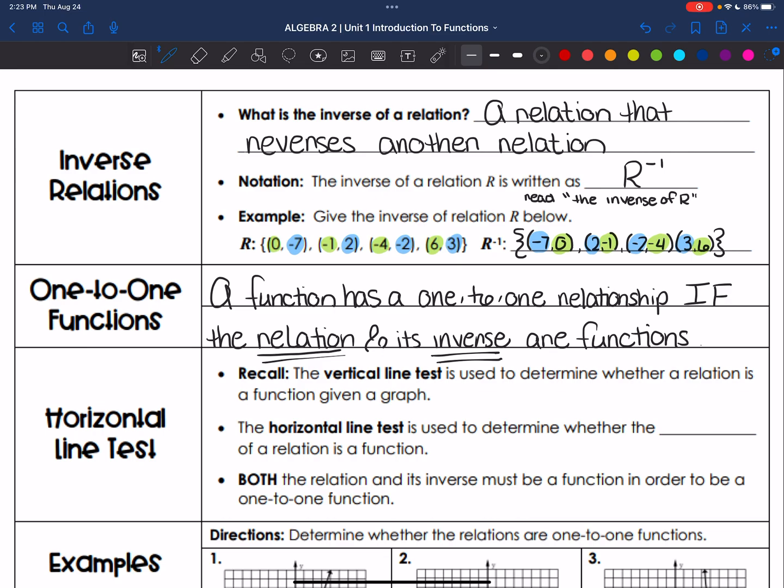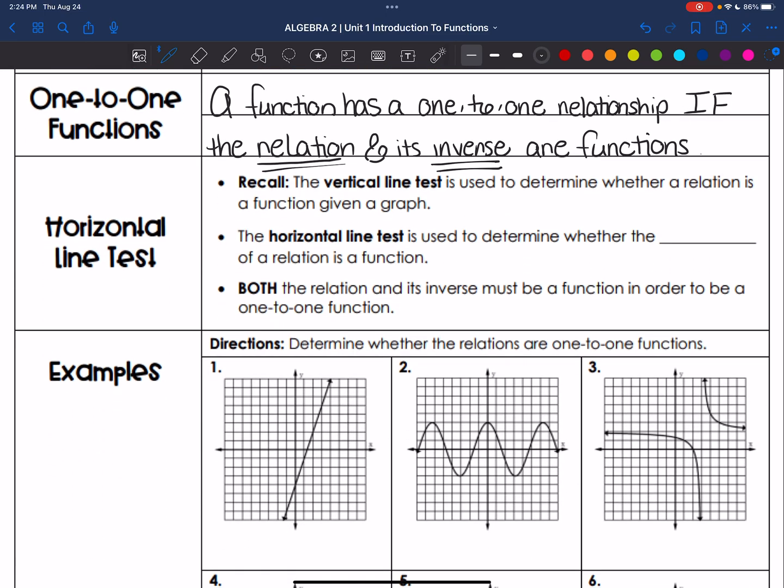So they both have to be functions, the original relation and the inverse, for it to be considered a one-to-one function. Now you'll recall from a bit earlier when we reviewed the idea of a vertical line test.